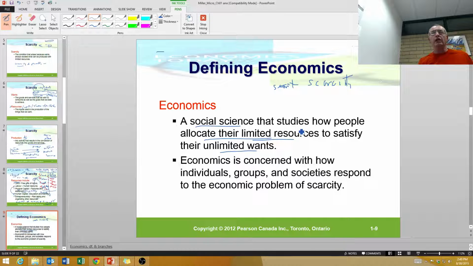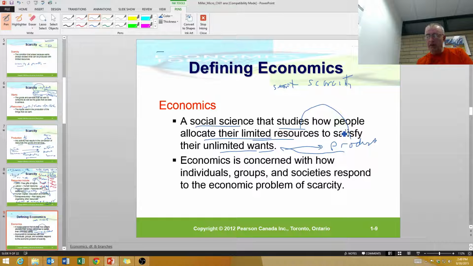How do we decide how to allocate those resources to produce products? Why do we want to produce products? Because it's products that satisfy our human wants. You need food, shelter, clothing, entertainment. We have all these wants that correspond to products, and the resources, the inputs, produce the outputs.